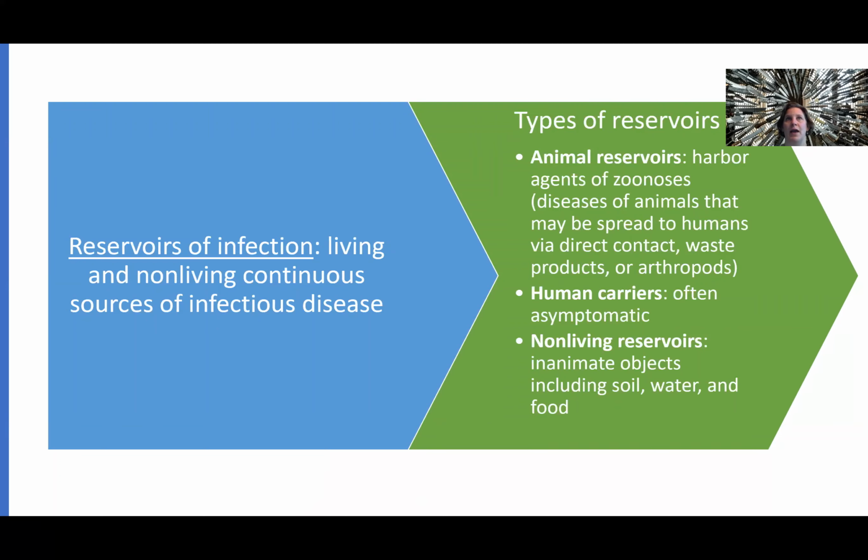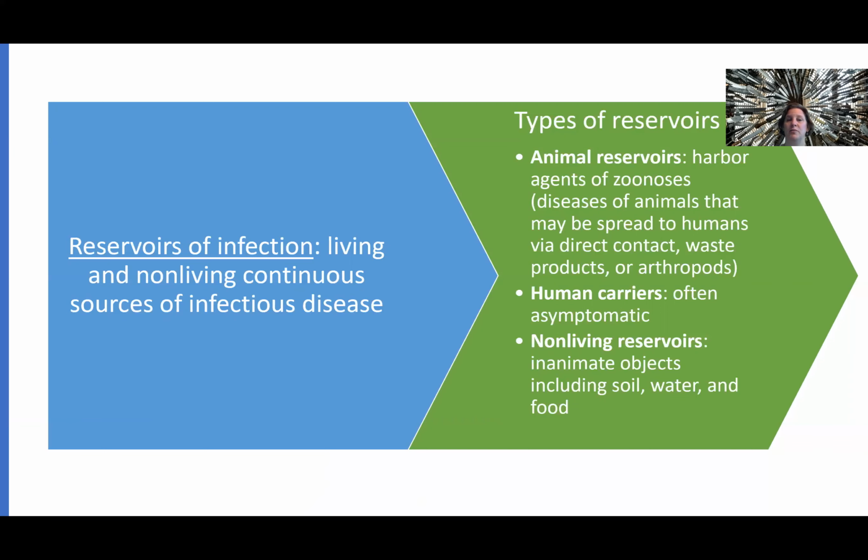It could also be if you handled animal waste. Let's say that you were working in a lab that had mice that had been infected with a particular microbe, and as you were cleaning their cages, you could be exposed. But also arthropods. So if we think about insects like mosquitoes that can definitely carry disease as they perhaps bite an animal and then bite a human, and there can be transmission in that way.